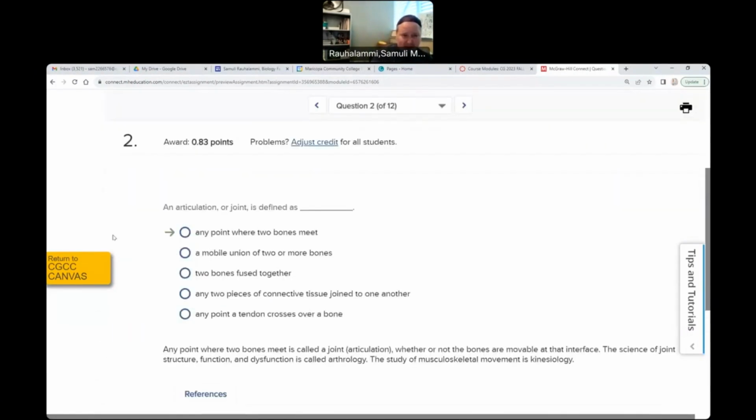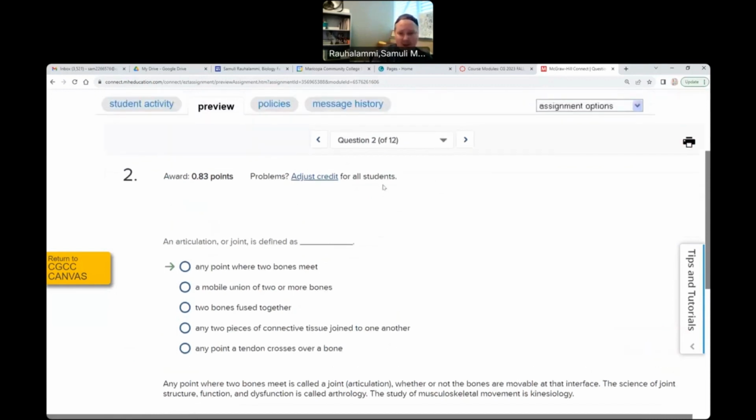Let's have a look at the next question. The next question asks us, an articulation or a joint is defined as what, and then you choose the best option. In this case, articulations are points where two bones meet.